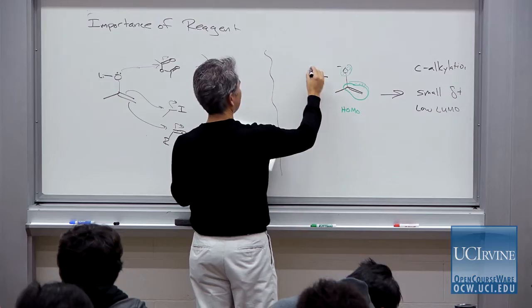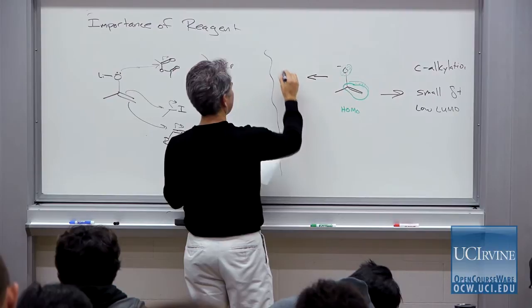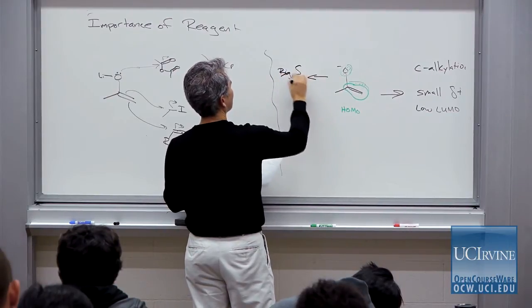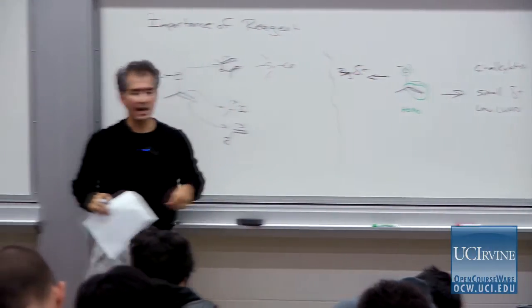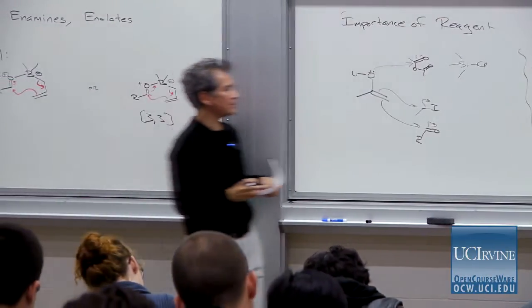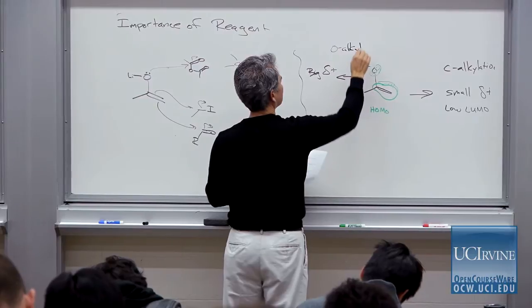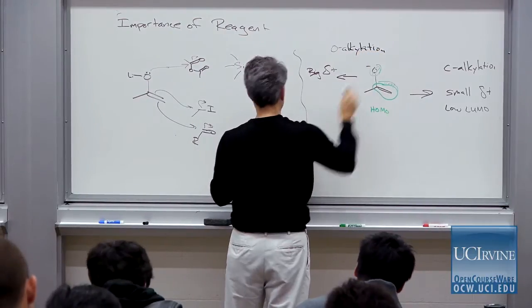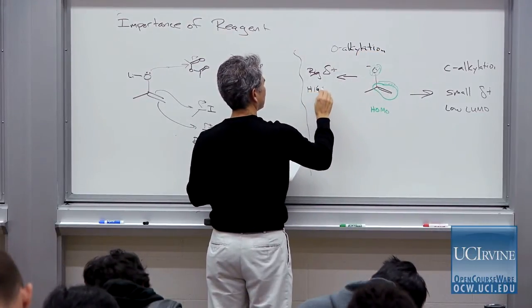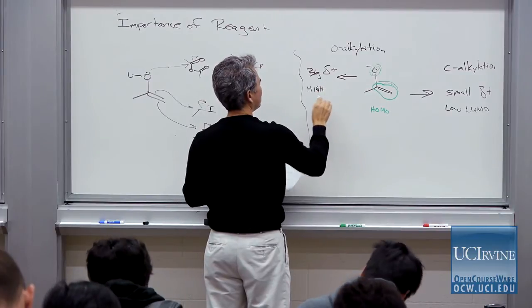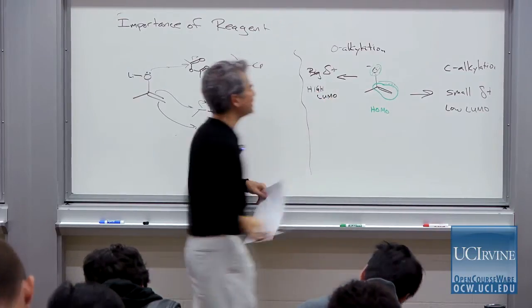In contrast, if you want to react with this oxygen, then you want things that have a lot of partial positive charge, right? Reaction on oxygen, O alkylation, is a charge-driven reaction. And you don't want it to be driven by HOMO-LUMO interactions, so you'd want something with a high LUMO.